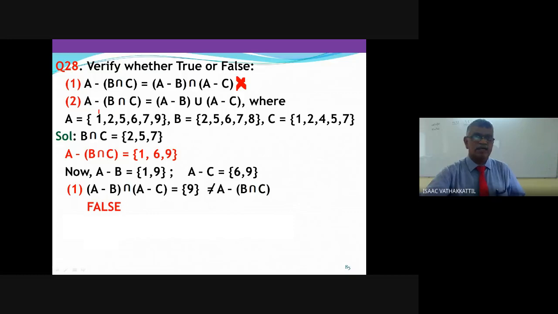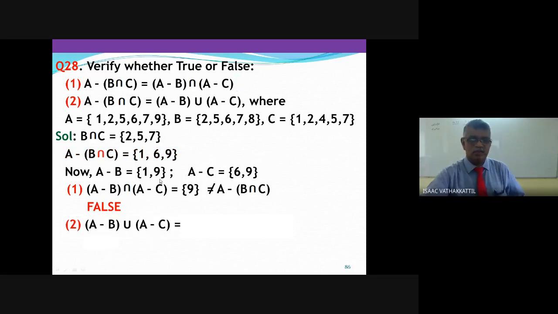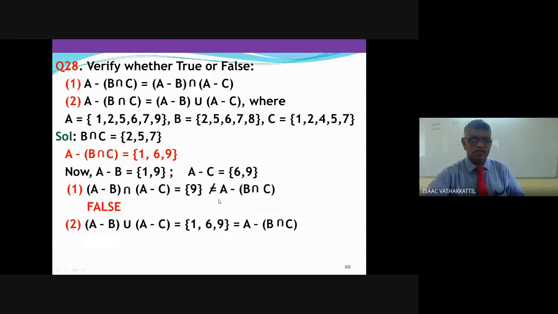Further, for the second one, A minus (B intersection C) is already here. A minus B is here, and A minus C is here. Let us take their union, A minus C union A minus B. That will be 1, 6, 9. Yes, and that is A minus (B intersection C).